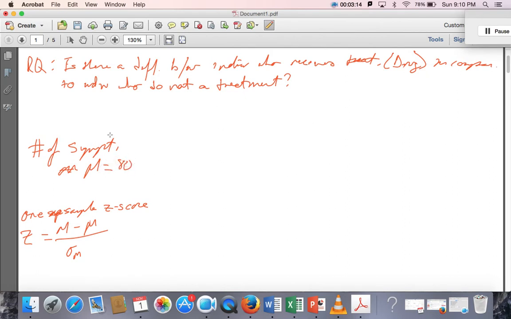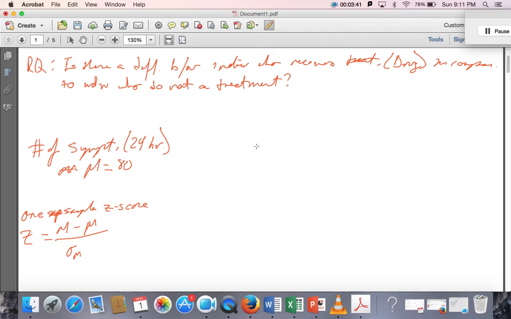So here I'll say in a 24-hour period, they display about 80 symptoms as an average. So we find this in the population, right? Previous research has found that for the population of individuals who have a specific disorder, whatever disorder it may be, it doesn't really matter, they display an average of 80 symptoms in a 24-hour period.